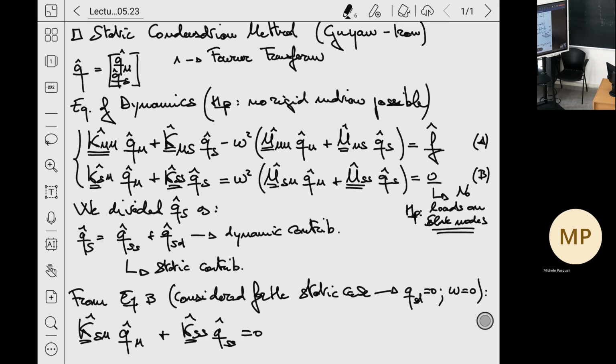Therefore, we could write that Qss was equal to minus Kss to the minus 1 applied to Ksm over Qm, and this we call Ss. So basically a matrix which links the static part of the slave dynamics directly to the master nodes. So this we already saw.